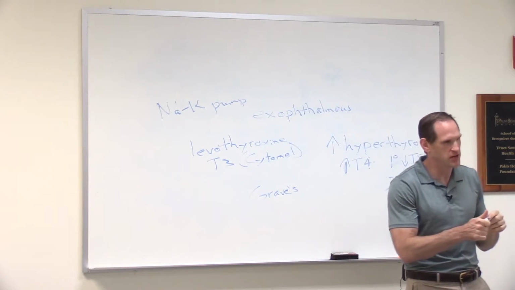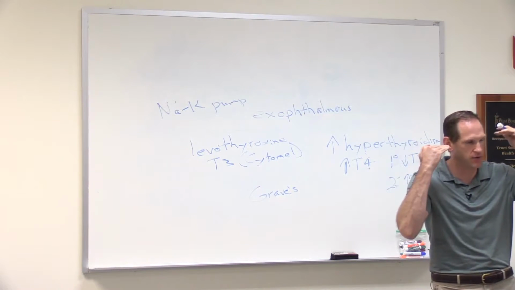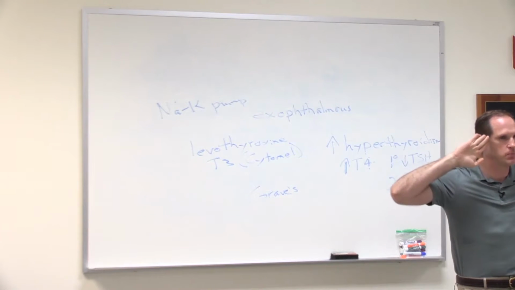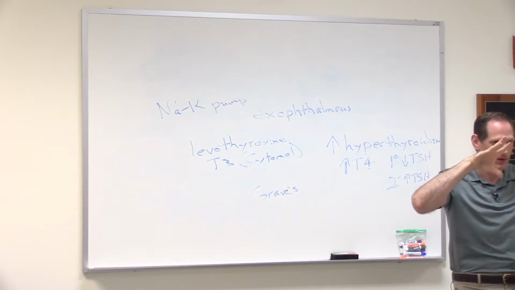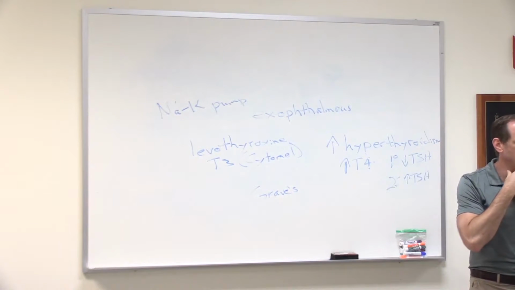Exophthalmos, also known as bug-eyed. There's an accumulation of those antibodies behind the eye, which pushes the eye forward, giving a person a bug-eyed appearance. They'll also typically have some thyroid enlargement, so they'll have some goiter.